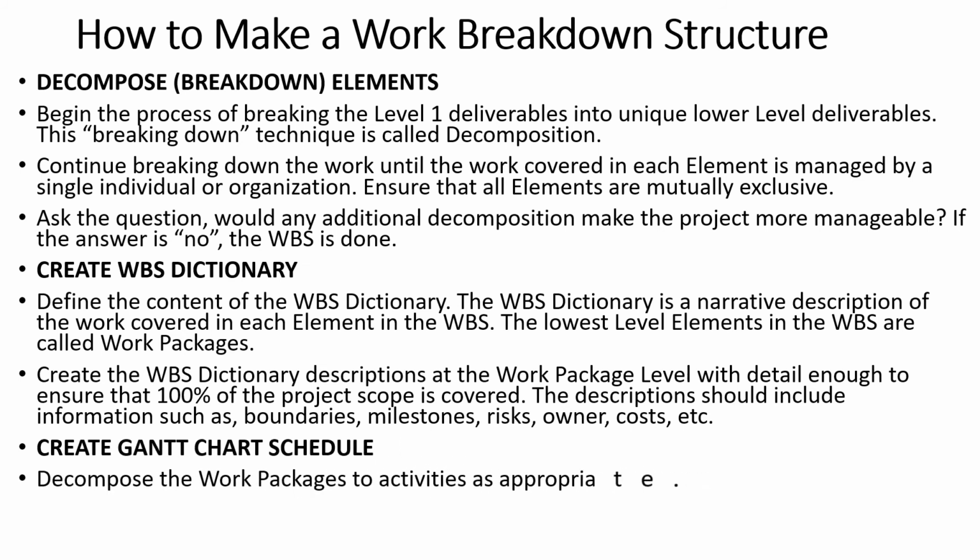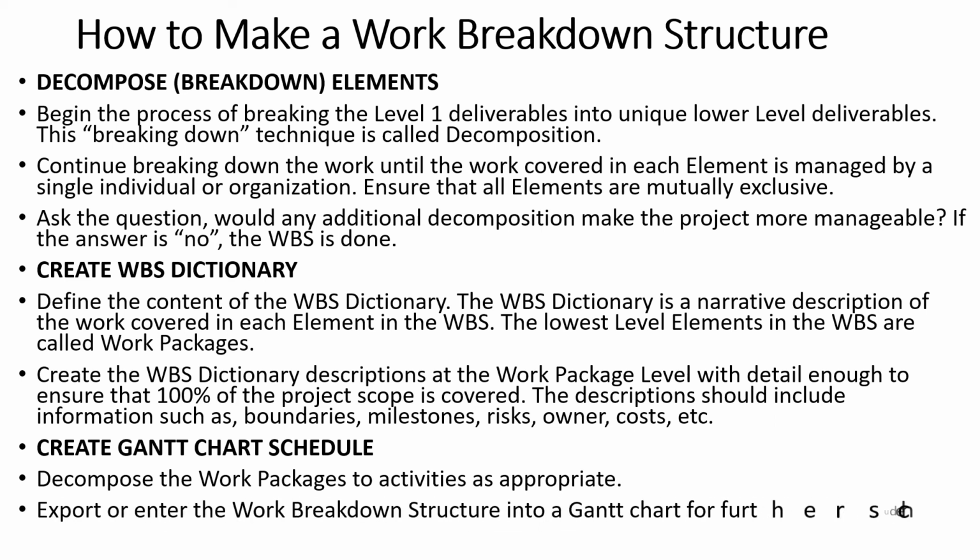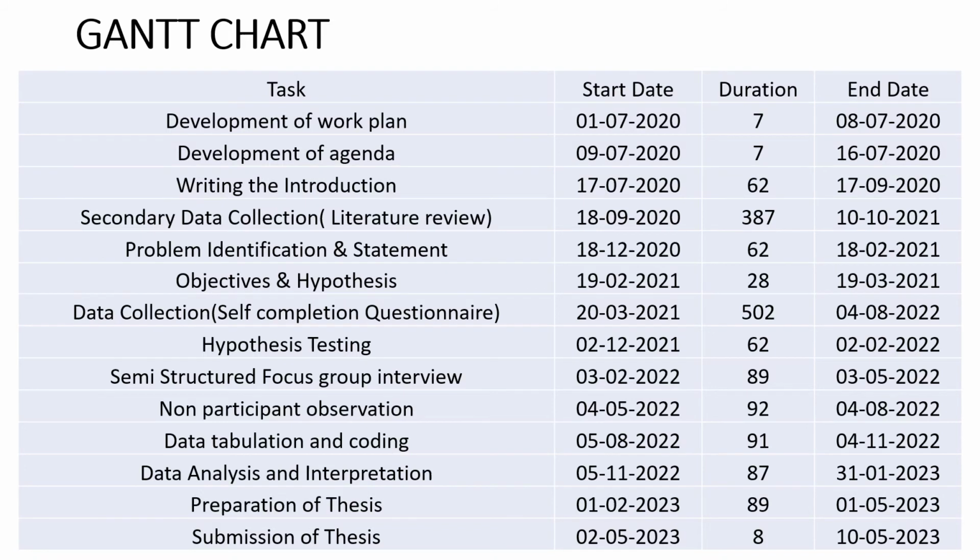Gantt chart, I'll show you with an example. See, this is a normal Gantt chart for a research scholar who's attempting to write a thesis. So the entire thesis process has been broken down into a number of tasks: work plan, development of agenda, writing the introduction, secondary tabulation, and every task is given a definite start date, a definite end date, and the difference in start and end date is the duration that is required for that particular task.